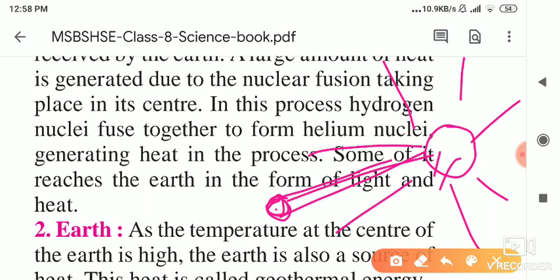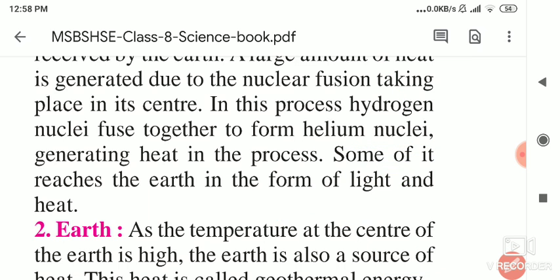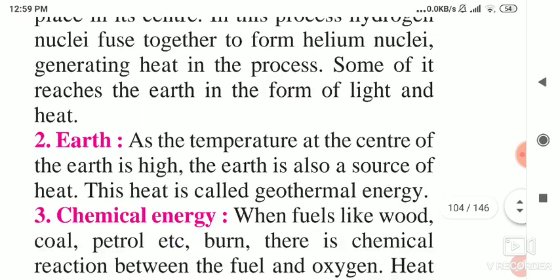Some of it reaches the earth in the form of light and heat.